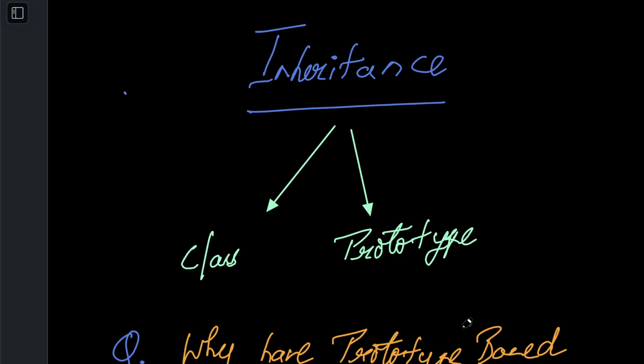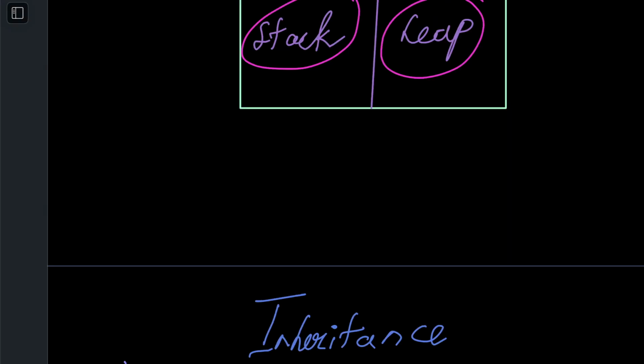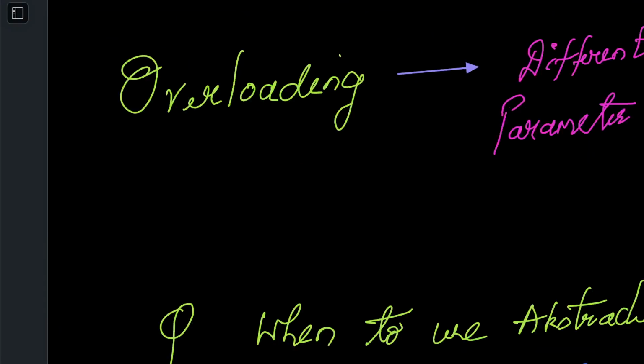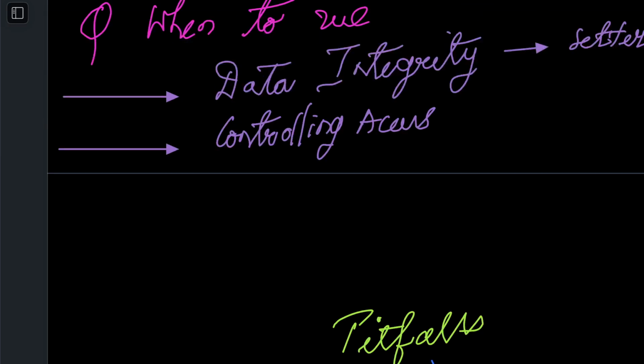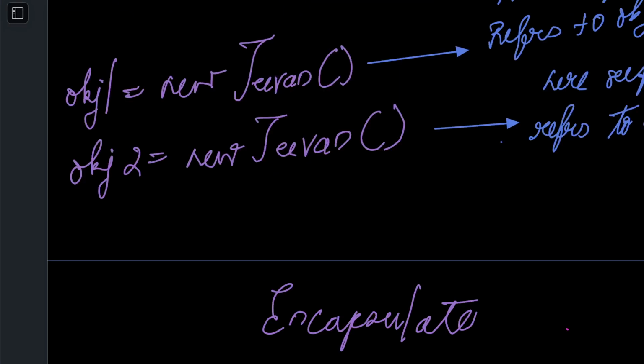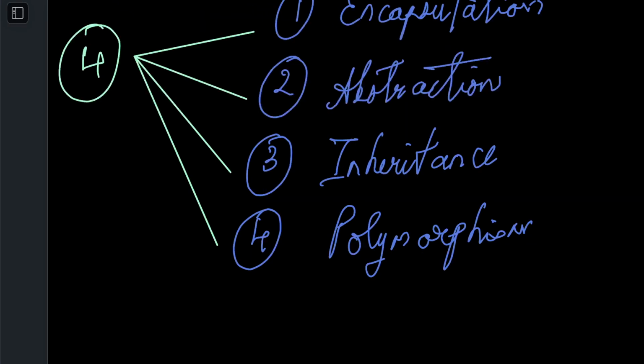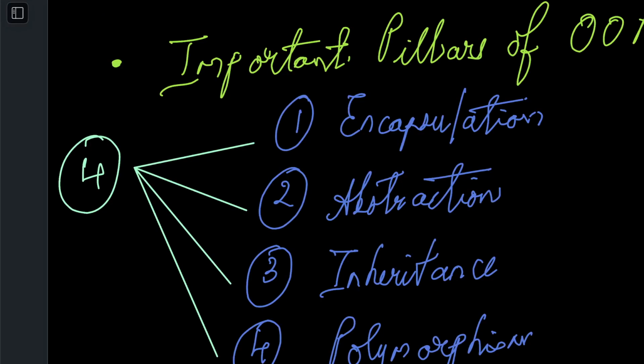Now let's talk about some core pillars. There are four core pillars of OOP. If any language follows those four core pillars, then we say that the language satisfies the OOP paradigm.